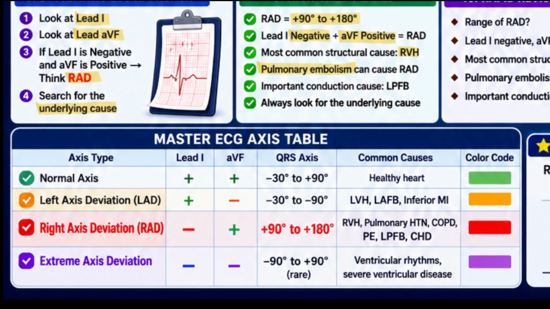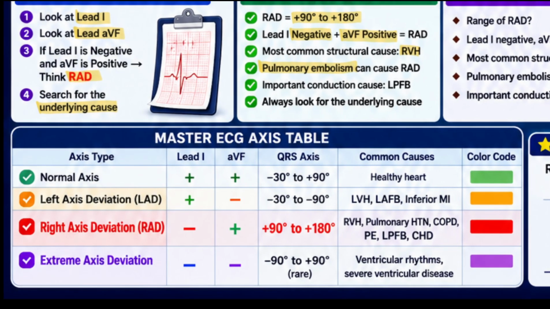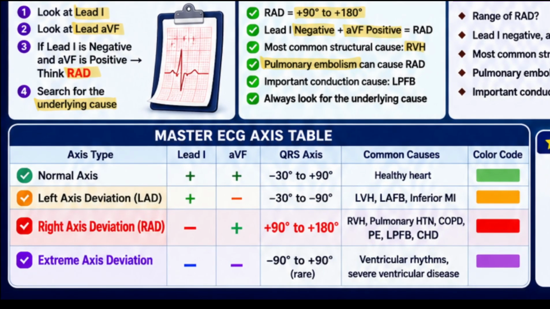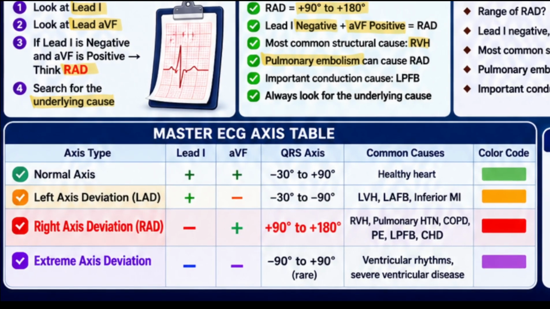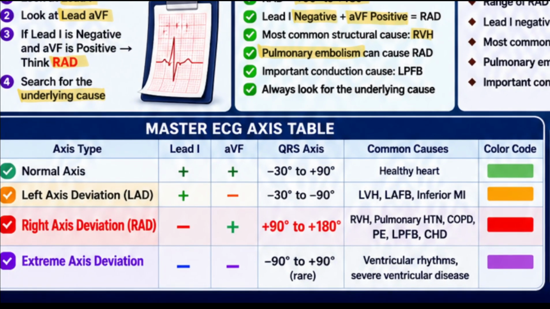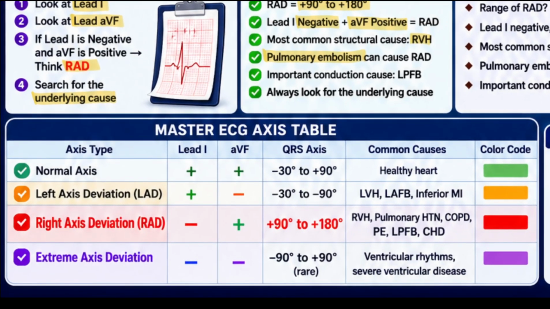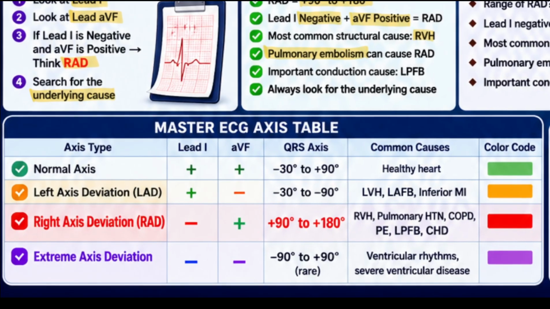The QRS axis is minus 30 degrees to plus 90 degrees, and the main cause is a healthy heart. Next, left axis deviation: lead 1 will be positive and lead AVF will be negative. The QRS axis will be minus 30 degrees to minus 90 degrees. The most common causes are left ventricular hypertrophy, left anterior fascicular block, and inferior myocardial infarction.